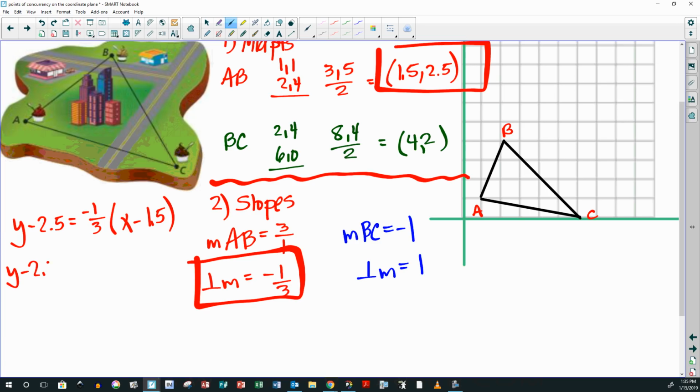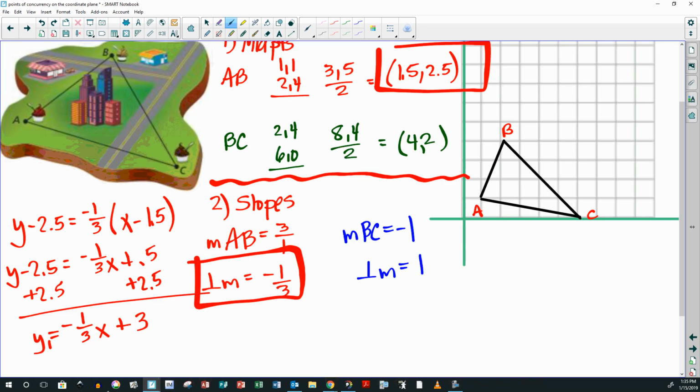So y minus 2.5 is -1/3 times x plus 1.5, so 1.5 times 1 divided by 3, so plus 0.5. So I'm going to add 2.5 to both sides. And I get my first perpendicular bisector. So first perpendicular bisector is y equals -1/3 x plus 3.